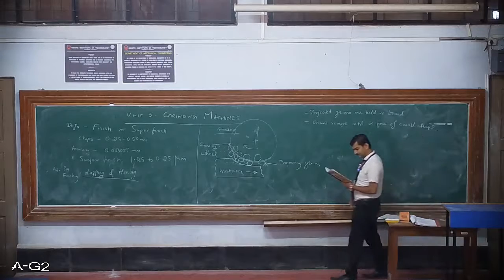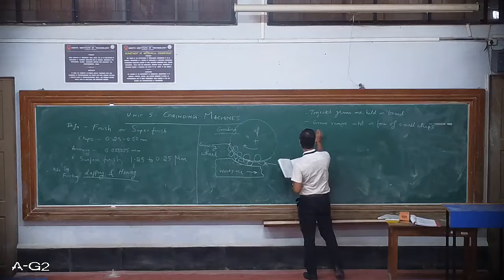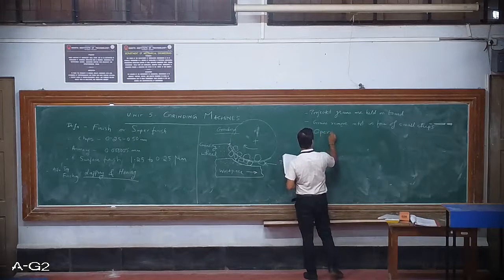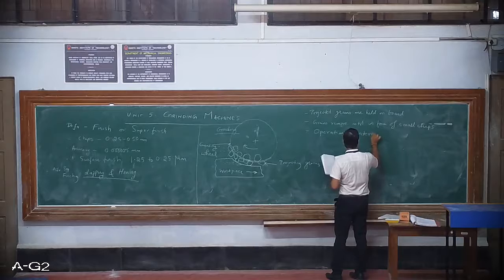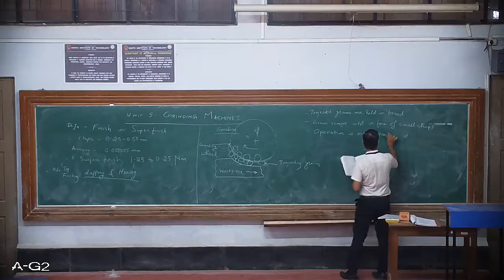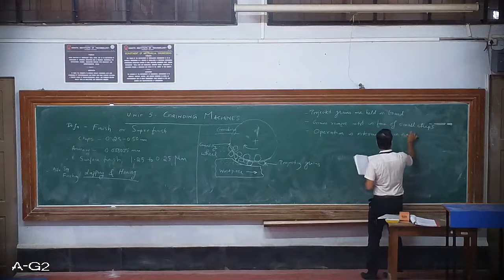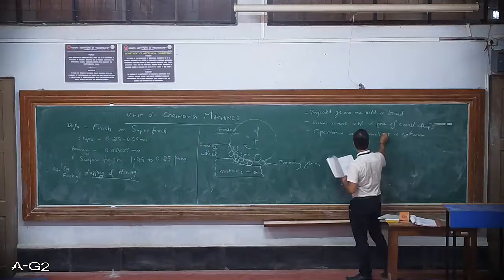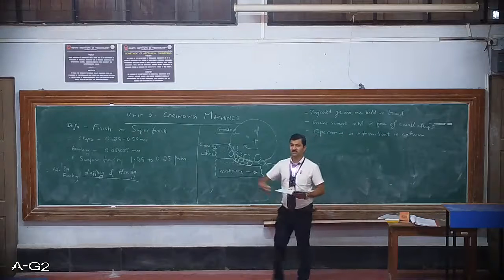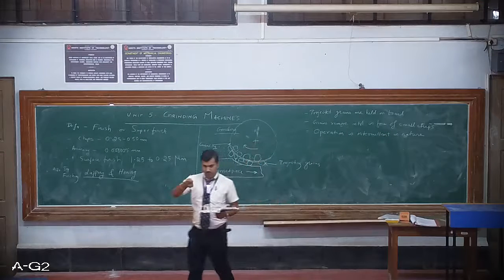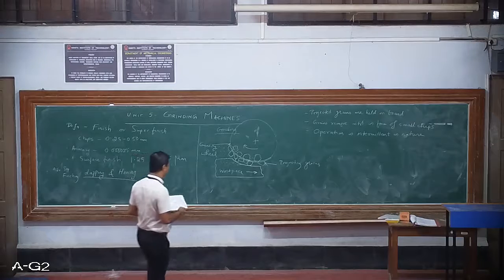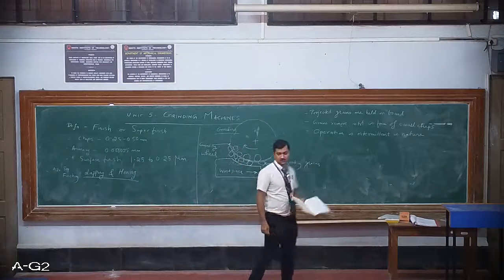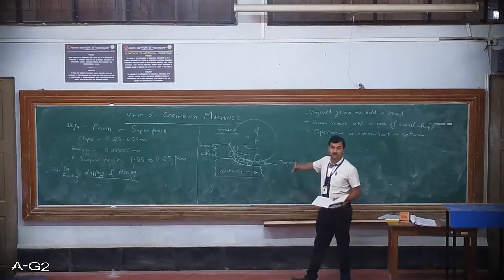Next, this operation of material removal is intermittent in nature. What do you mean by intermittent? Not continuous. Particles are removed, again a small gap, again the next particle is removed, again a small gap. Intermittent, because finally this tool, a grinding tool, is a multi-point cutting tool.